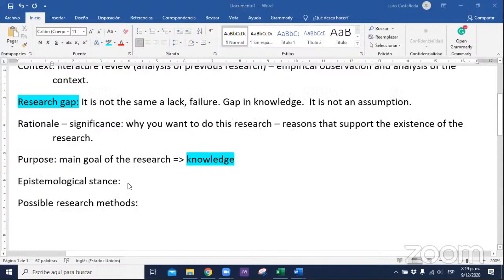And also, I wrote here epistemological stance because this knowledge has to be aligned with the epistemological stance, right?